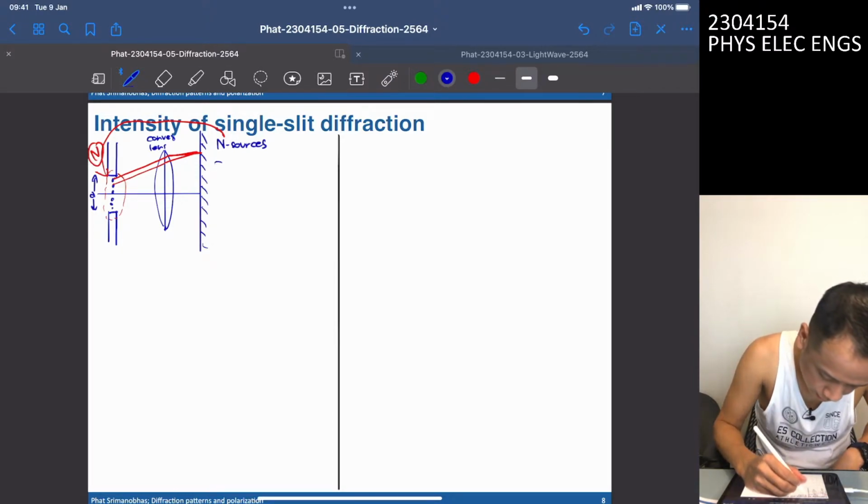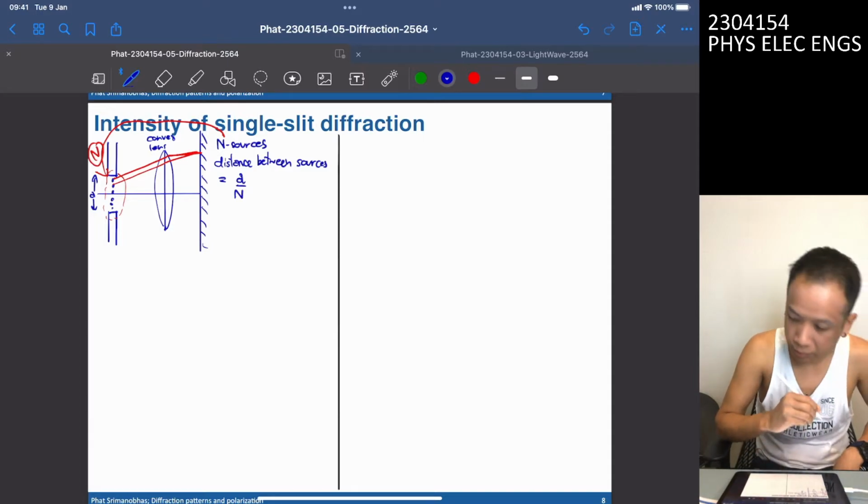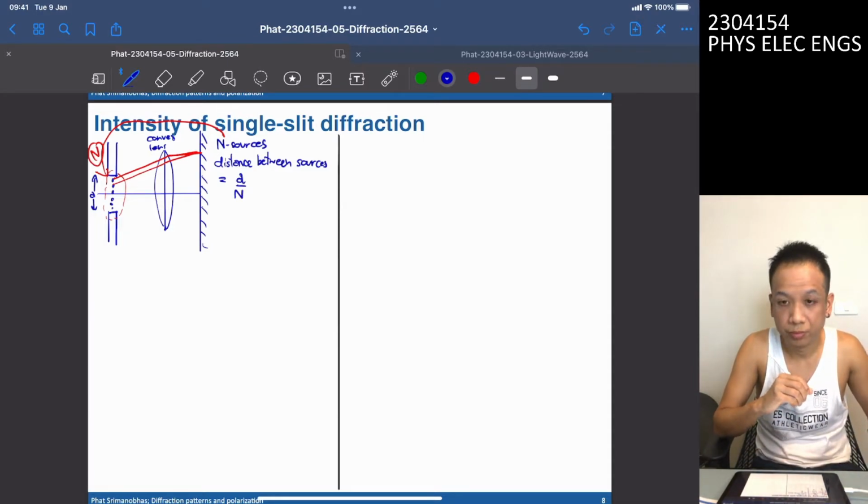So the distance between sources is equal to a over N.